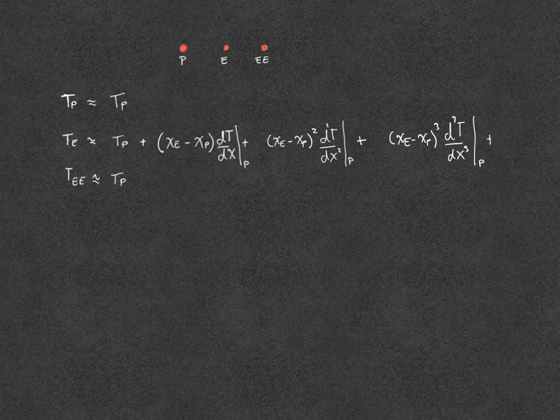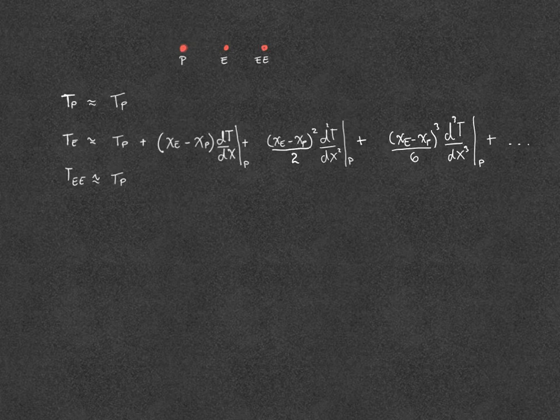What is missing? Think. What is missing is the factorial term. Here it is supposed to be 2 factorial, here 3 factorial, which is 6, and so on. So this is the approximation of this term, of T.